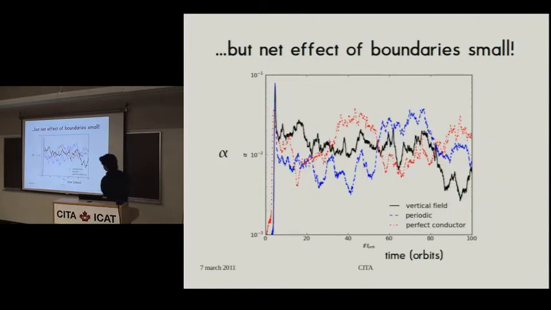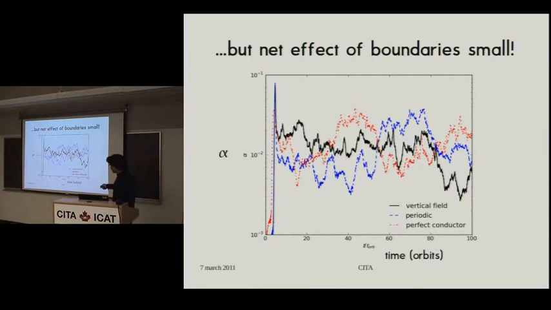But the net effect on the actual quantity we're very interested in here, I've represented with alpha, but again, this is the stress transporting angular momentum as a function of time here. This is now a volume average for our simulation for the same magnetic Prandtl number and Reynolds number, but with three different boundary conditions.